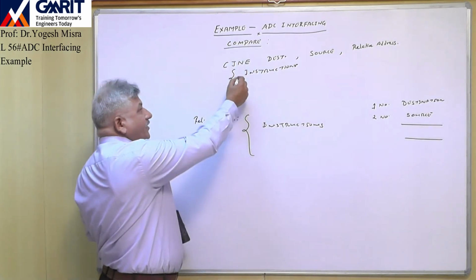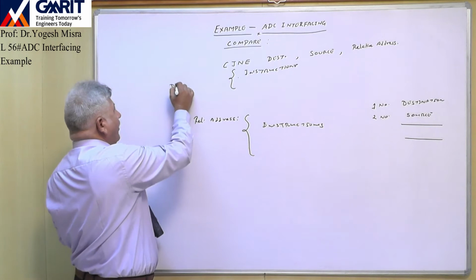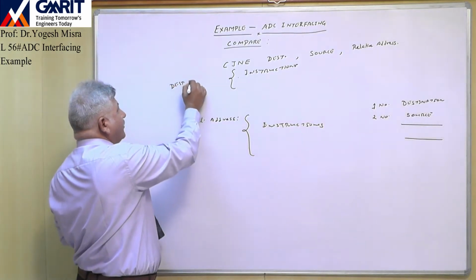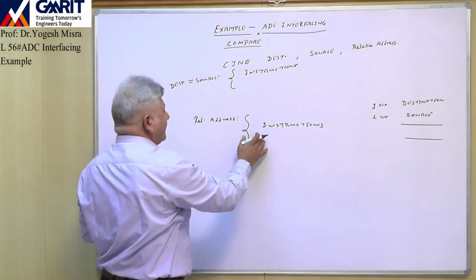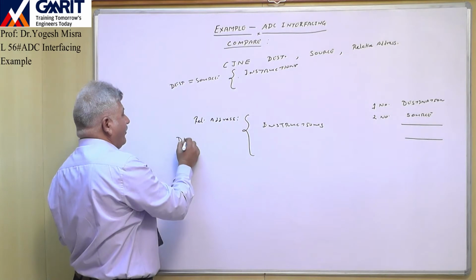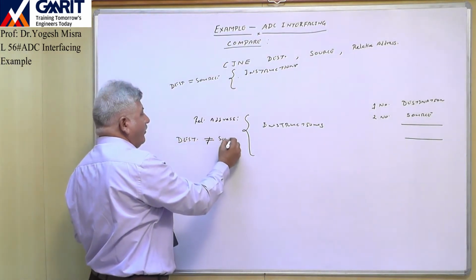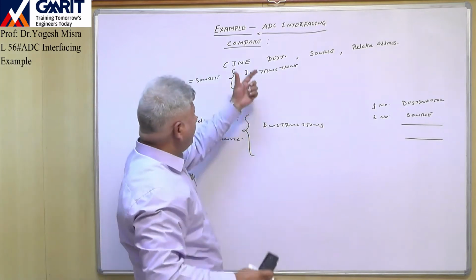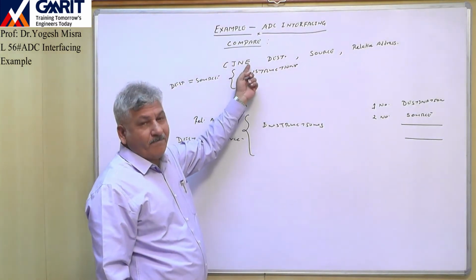These set of instructions will be executed if destination is equal to source, and these set of instructions will be executed if destination is not equal to source, because the instruction is compare jump not equal.